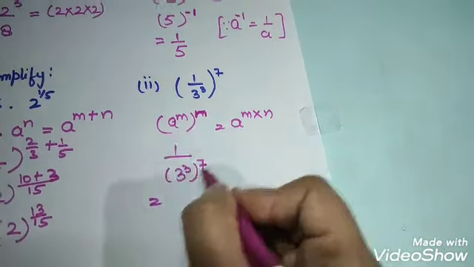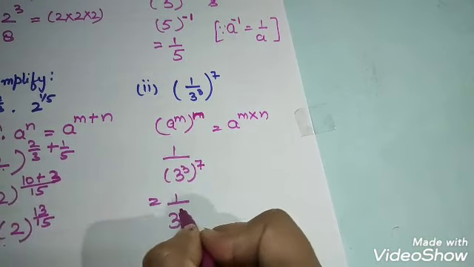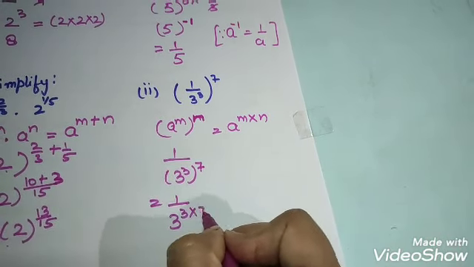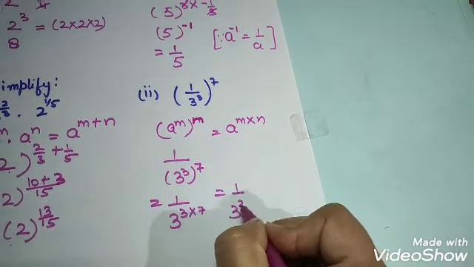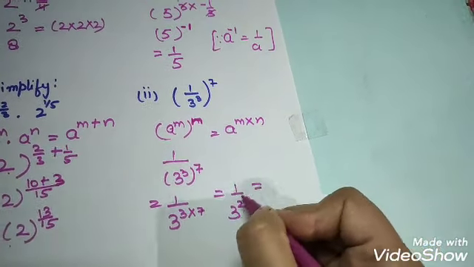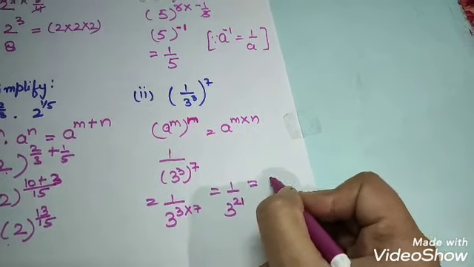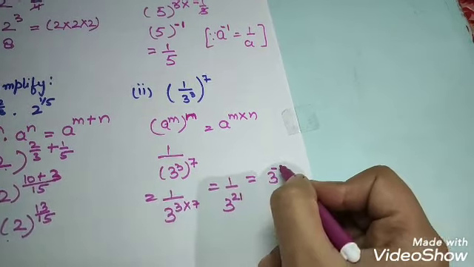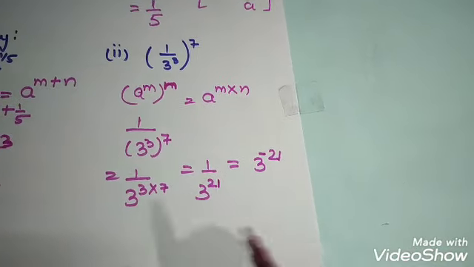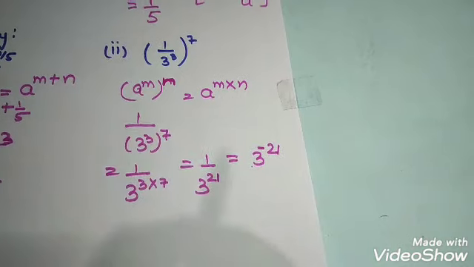So using this, 1 upon 3 to the power 3 multiplied by 7, it will become 1 upon 3 to the power 21, and we can take it to the numerator by reciprocal, then our power will become negative, so we can write it as 3 to the power minus 21.